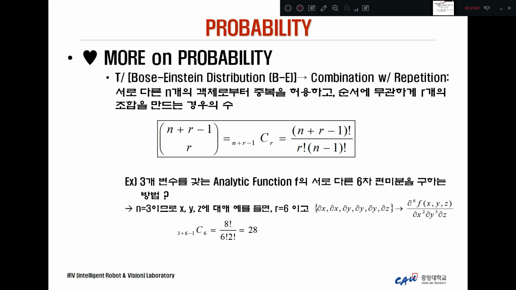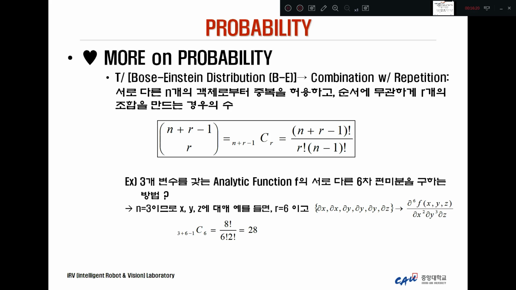By the way, this Bose-Einstein distribution is also from quantum physics, and those particles which actually convey energy, maybe called transmitting energies, are called bosons, and among bosons we have the photon, gluon, and Higgs particles together.